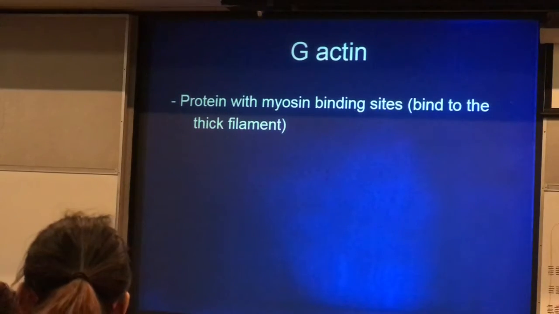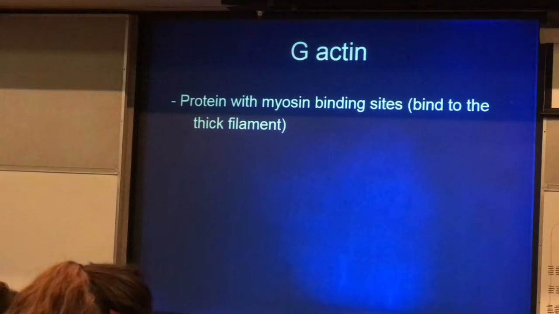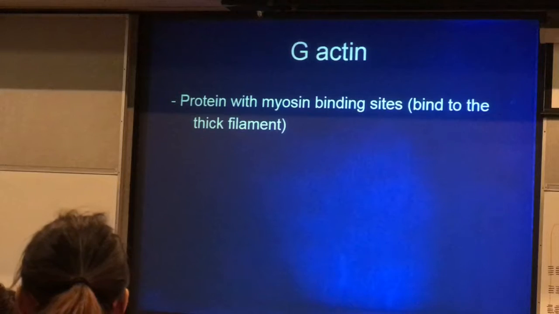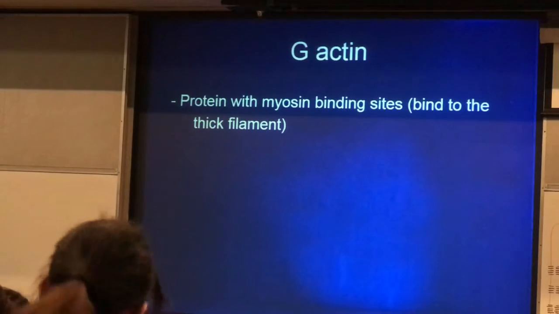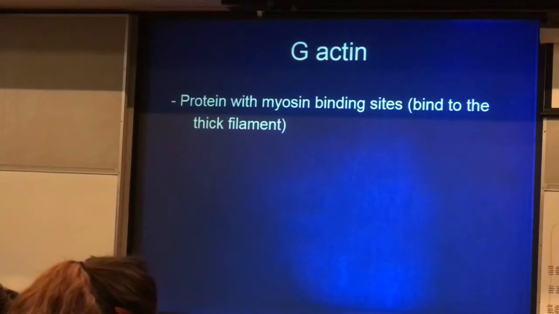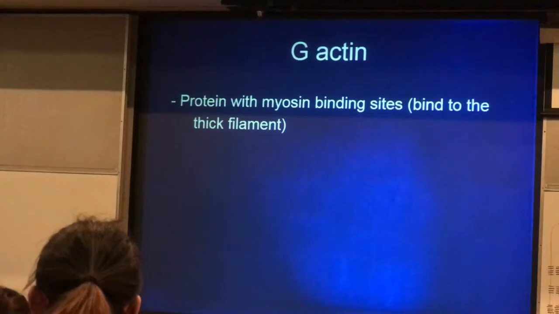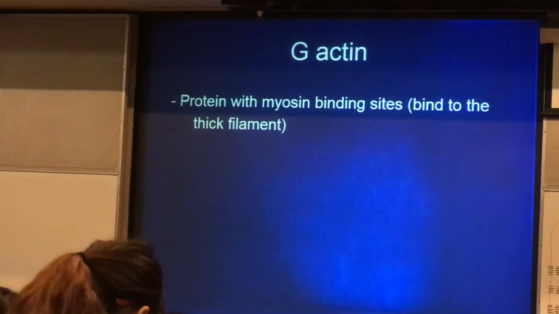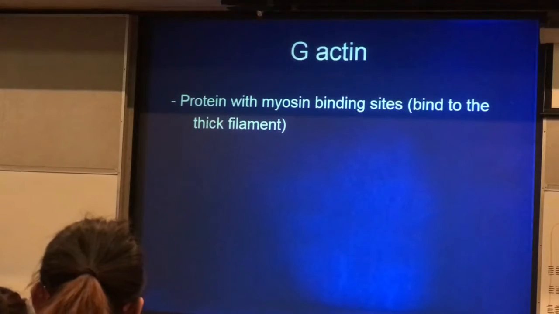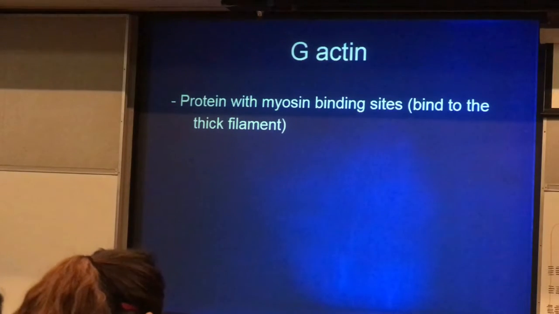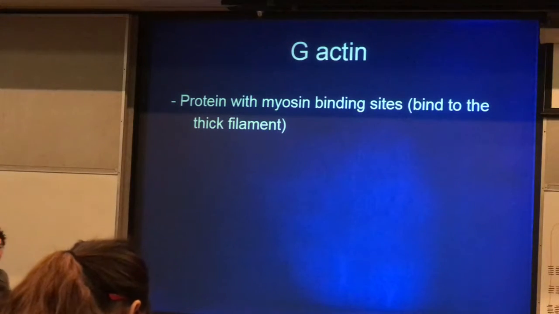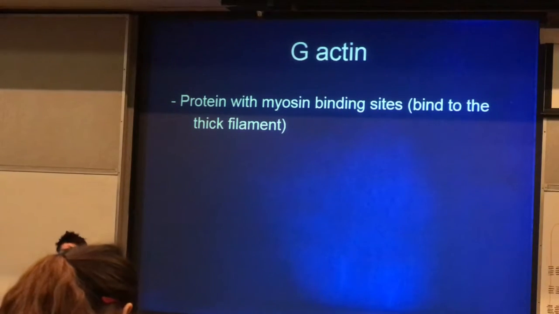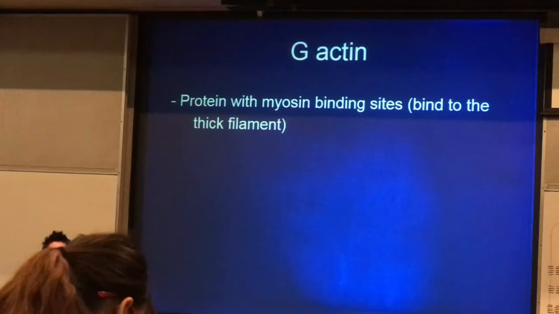So are you seeing how what's happening is I've got this shaded pearl necklace and this white pearl necklace, and then I'm twisting them around each other. You guys see that? So that's the structure of your actin. Okay, so this I'm just going to generally label as actin. And what your actin is going to have on it is a structure called a myosin binding site.